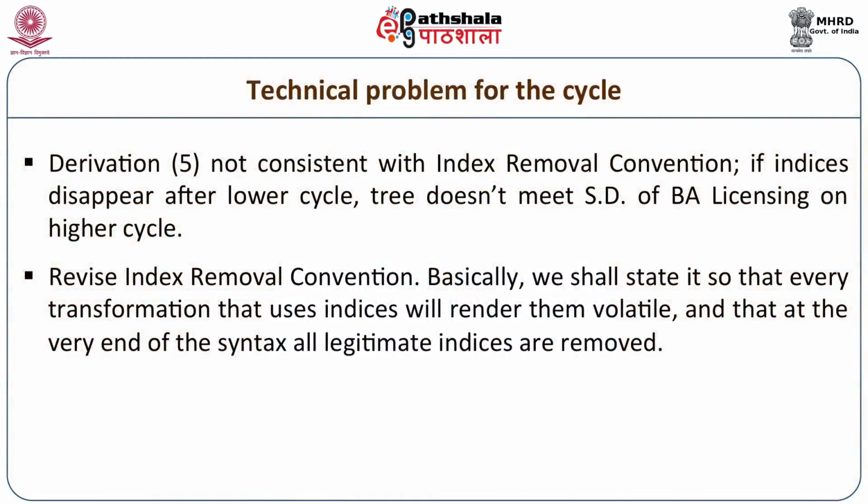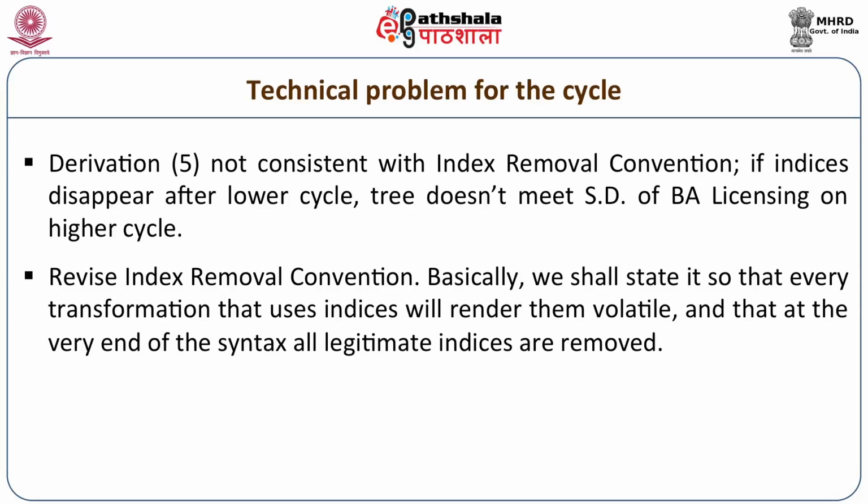In the earlier module, we had proposed an index removal convention. That convention proposed that once a transformation has finished its work, if it has done any work with referential indices on the nodes, at the end of the application of the transformation, you can remove those indices because they have done their work.